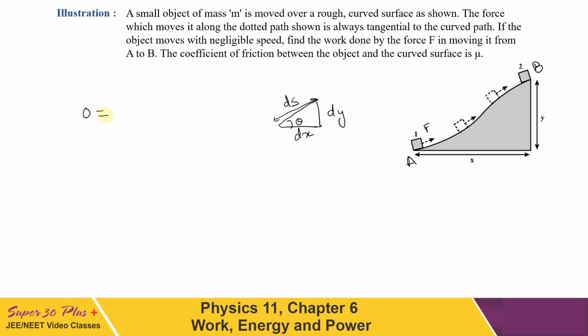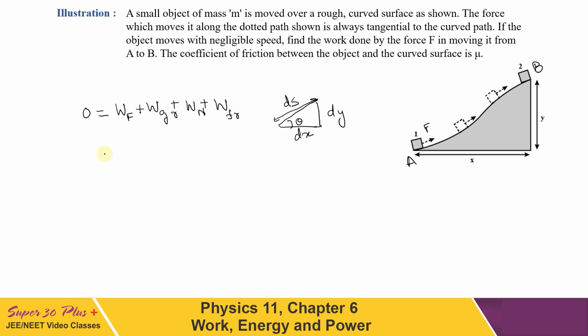Now what forces are doing work when this body is moving from A to B? This should be work done by the external force F, plus work done by gravity, plus work done by normal, plus work done by friction. Here I have written the work done due to all kinds of forces, which is from our work energy theorem.